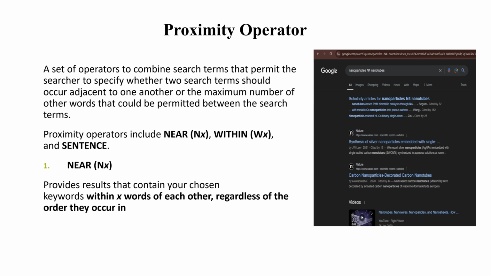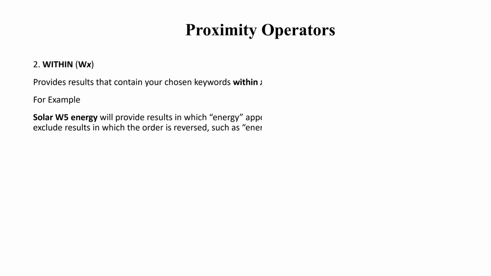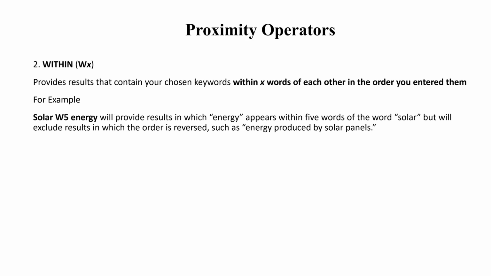Now, let me throw a little light on the other proximity operator, within. Say, for example, if we put a query solar W5 energy, that will provide you the results in which energy appears within 5 words of the word solar, but will exclude results in which the order is reversed.